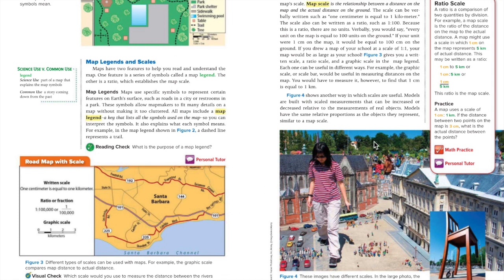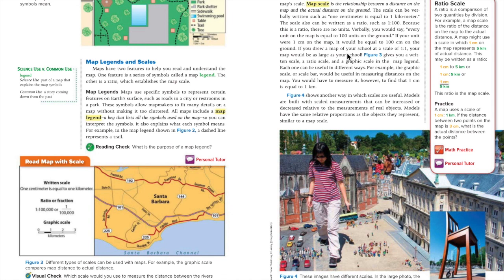Okay? So map scales are used when map makers draw a map to show how big or small to make the map. They need to decide on the scale. So the scale is the relationship between a distance on the map and the actual distance on the ground. The scale can be verbally written, such as 1 centimeter is equal to 1 kilometer.